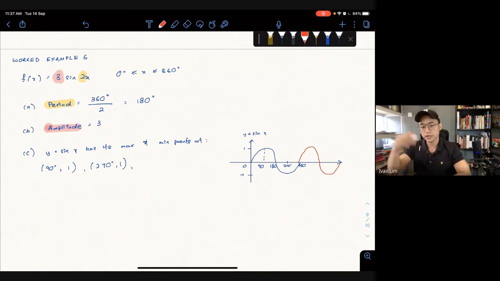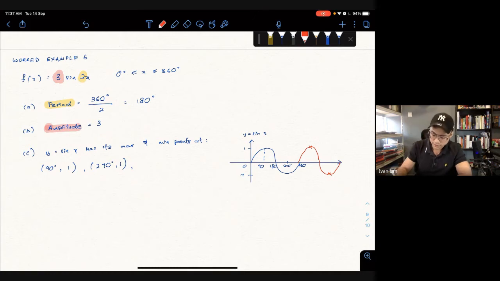So how do we find another cycle? Very simple. For the red color values, all you need to do is 90 plus 360 degrees, because it's the next cycle, and every cycle or period is 360 degrees.